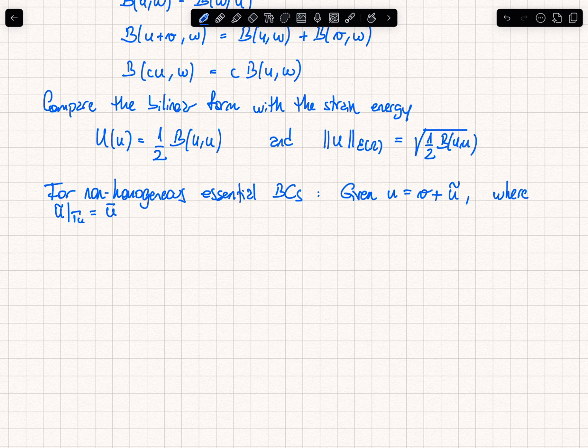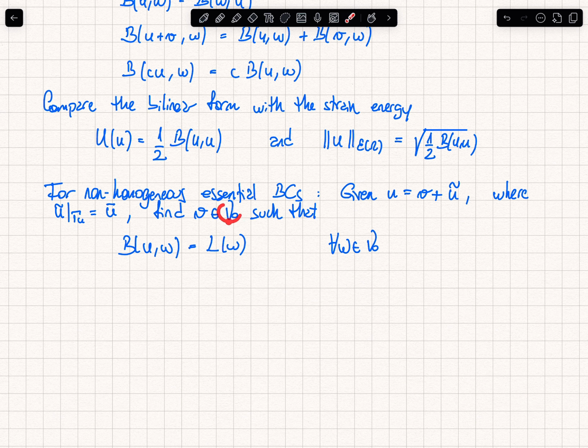So if we do that trick, then the objective is, of course, find v that belongs to V naught, and I will define what that V naught is in a second, such that B of u, w is equal to L of w. Remember, that was our original expression, for all w in V naught, and I say this explicitly.